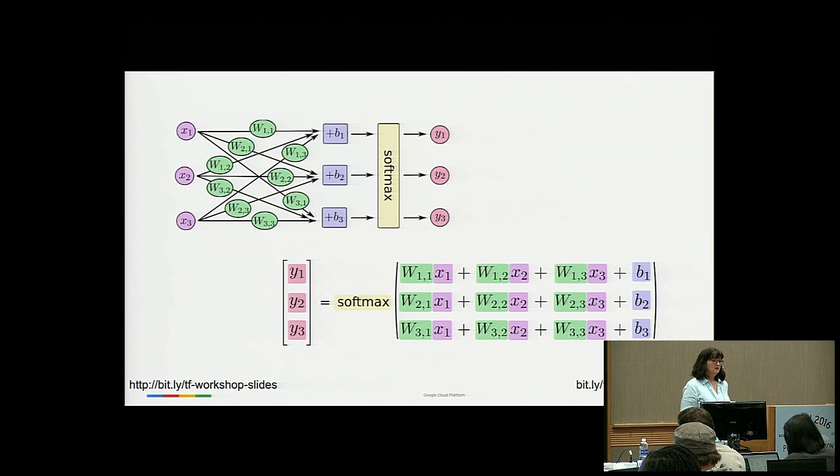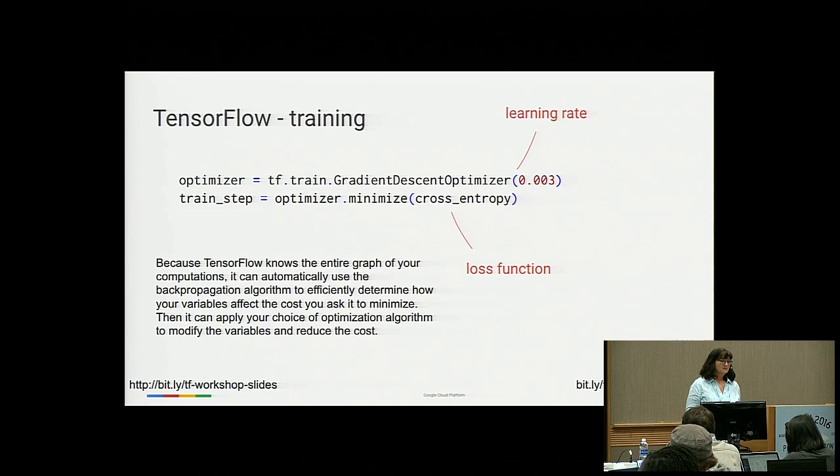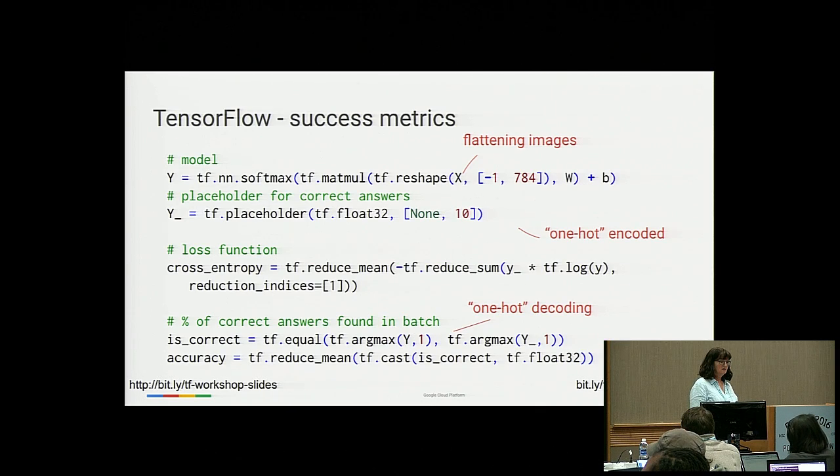Okay, so we're building something essentially that looks like this. The top figure is the neural net-like version of it, and the bottom figure is the mapping to the matrix operations that we're doing. Okay, so here's the slide where the power of TensorFlow comes into play. We defined our loss function here.